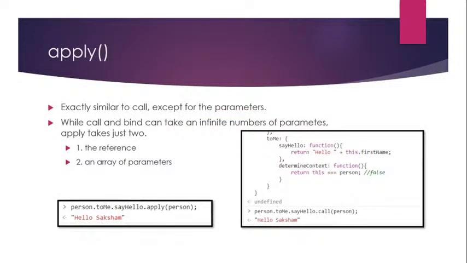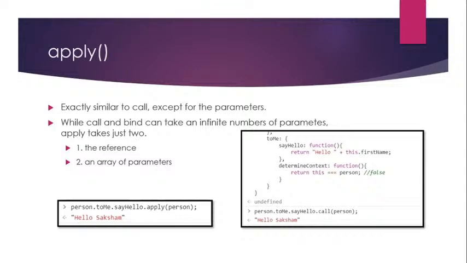the other function after call is apply, and it's similar to call except for the parameters part, that says that the first keyword has to be the keyword this, or whatever the object you want to refer to, and the next set of parameters is not an infinite number of parameters, it's just one array of infinite parameters.